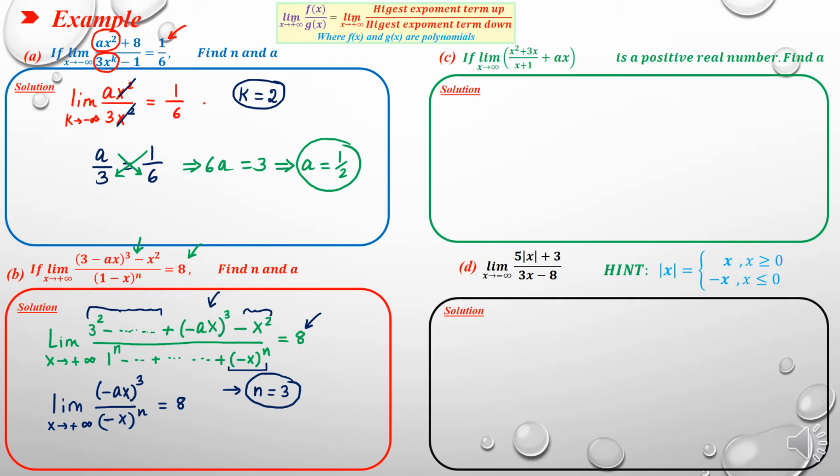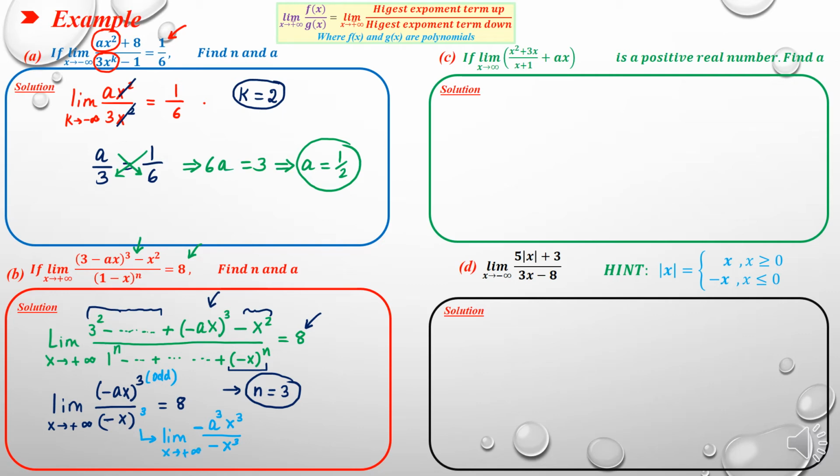And to find a, we can rewrite the limit. Since the 3 is odd, you have to put the negative sign, and you will get negative a cubed x cubed divided by, here you can replace n by its value, which is 3, negative x cubed, when x goes to positive infinity.